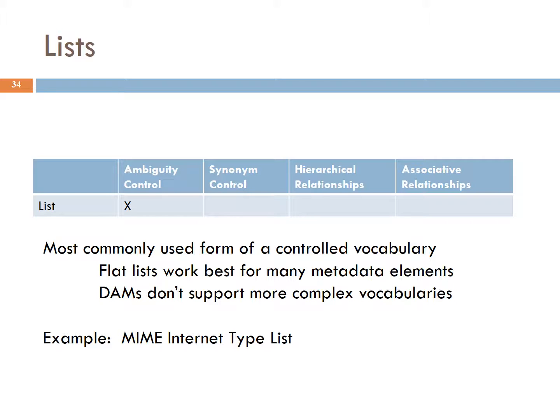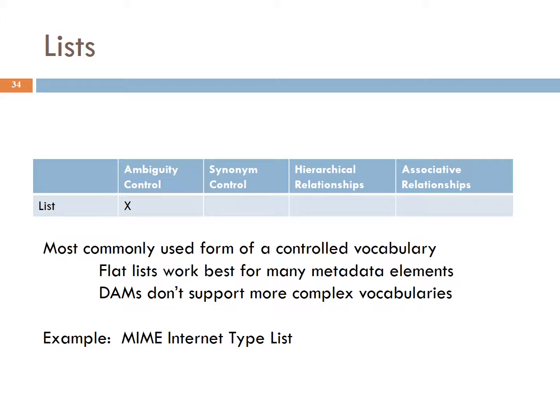First, a relatively large number of metadata elements are better served by lists than by more complex vocabularies. That is, elements such as resource type, which we looked at a few minutes ago, genre, format, languages, audience. These typically use flat lists as their source of terms.